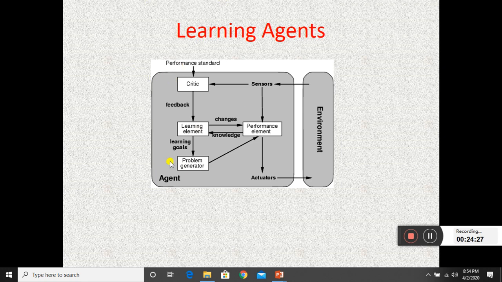And this is the problem generator, this is the learning goal, and these three are basically working on this particular element, or this part of the agent. So at the end, the performance element will actuate on the basis of three feedbacks. And finally the actuator will give the answer to the environment.